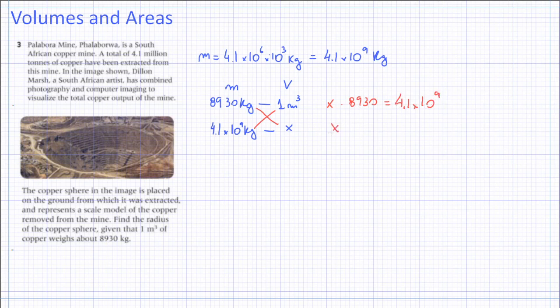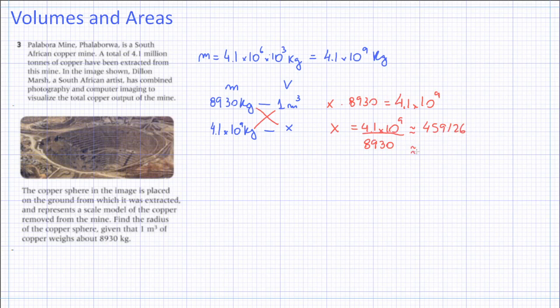So x is 4.1 times 10 to the power 9. I didn't write the 1 here, it's times 1, but well, there's no point. Divided by 8,930, and that would give us about, I'll put the exact number here up to the decimal place, so you can check your answers later.